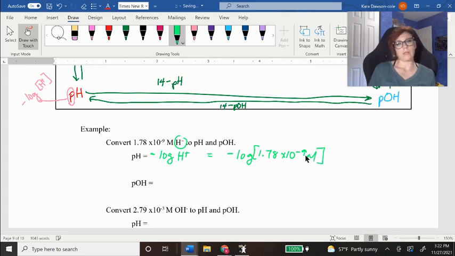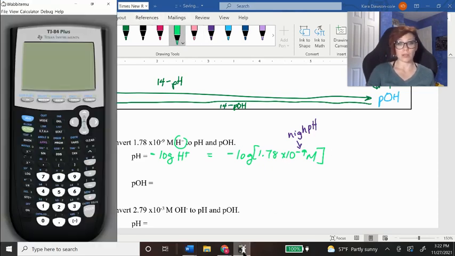Looking at this times 10 to the minus 9, I'm going to say that this is going to be a high pH, because this is a basic solution.